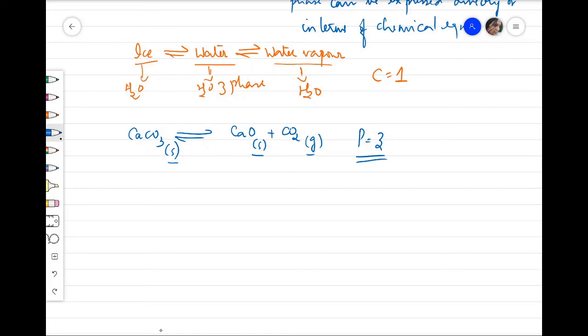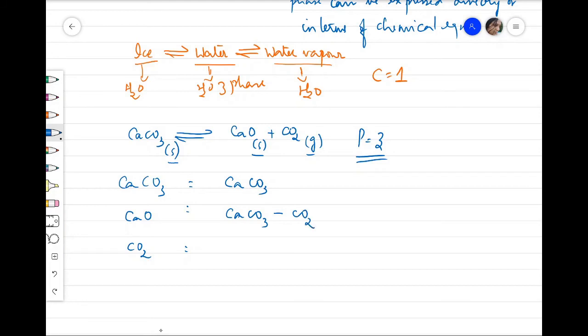So we can define 3 phases: calcium carbonate phase, calcium oxide phase, and carbon dioxide phase. Now I said the minimum number of chemical constituents, there are 3 here. For the first phase, I will try to use only calcium carbonate. For the second, I cannot just use calcium carbonate, because if I take calcium carbonate I have to minus a CO2, then it will be equal to CaO.